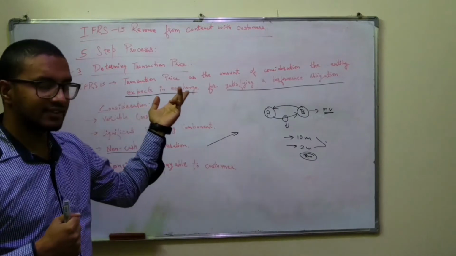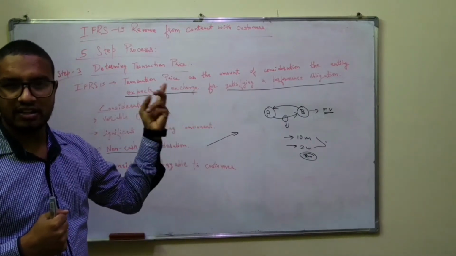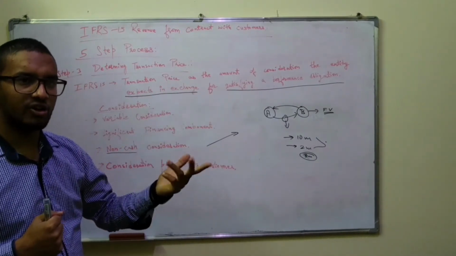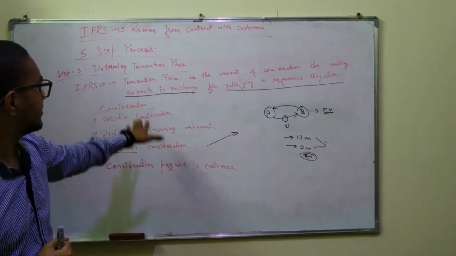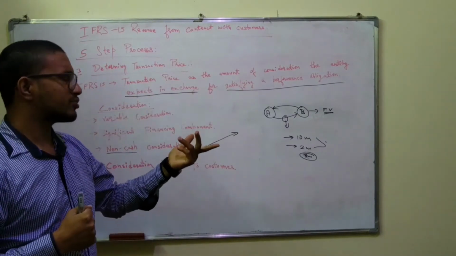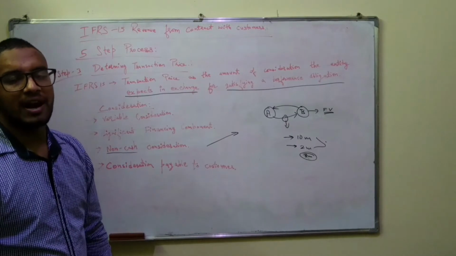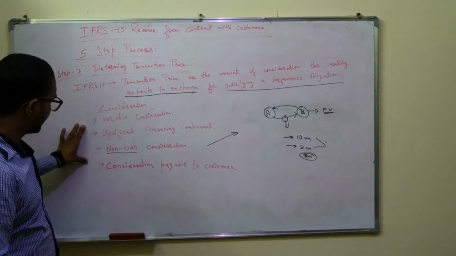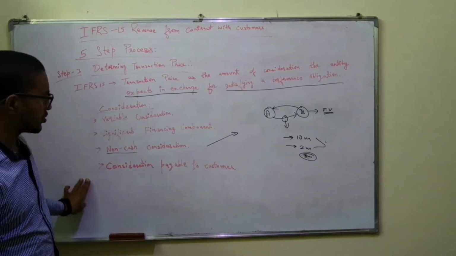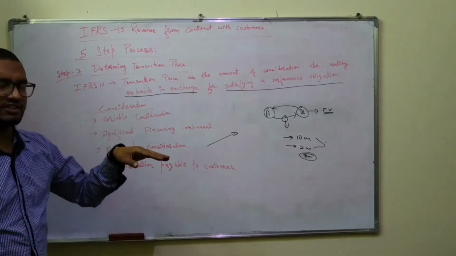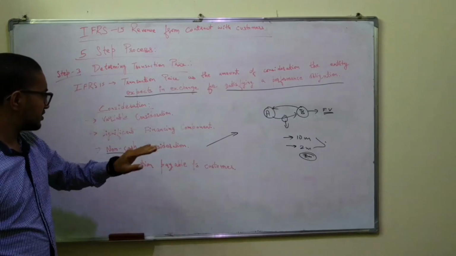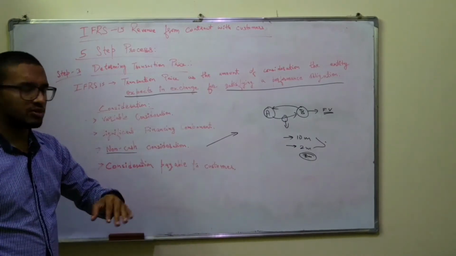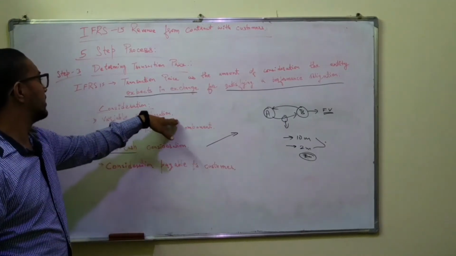Like we said, in step 2 we identify the performance obligation; in step 1 we identify the contract, and after that we determine the transaction price. The next step will be allocating the price to performance obligations. But first of all, we need to look at these four considerations: variable consideration, significant financing component, non-cash consideration, and consideration payable to customer. So let's talk about it in more detail.